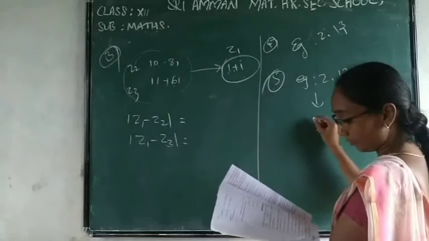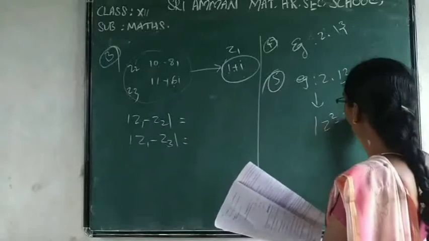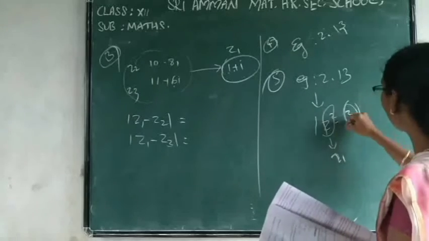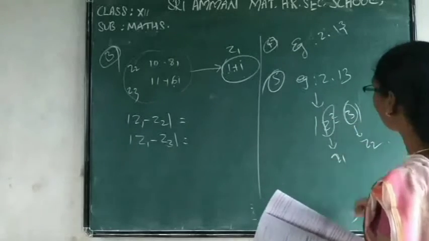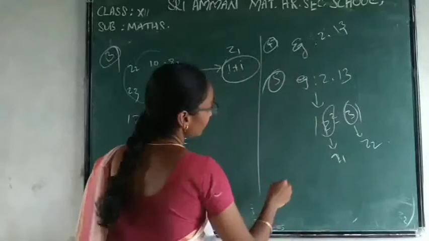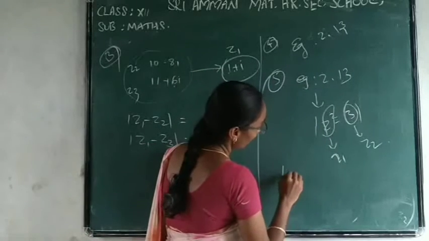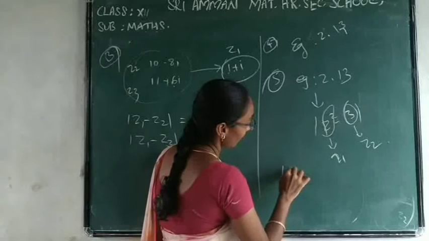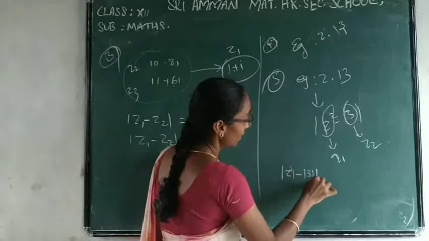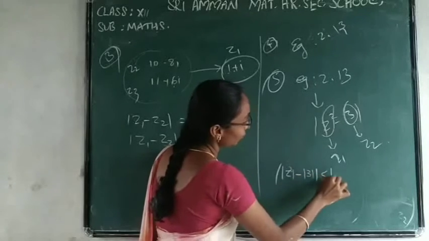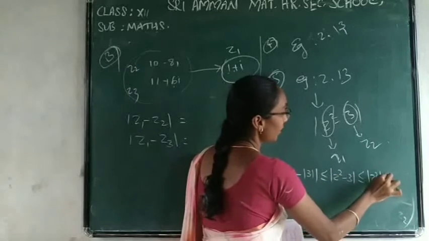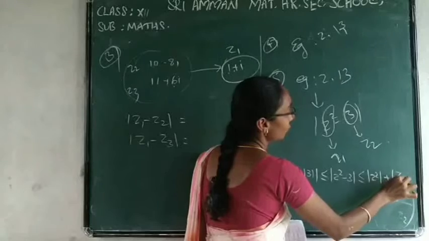Here the expression is z square minus 3. This first part is z1, this part is z2. So modulus of z square minus modulus of 3 is less than or equal to modulus of z square minus 3, which is less than or equal to modulus of z square plus modulus of 3.